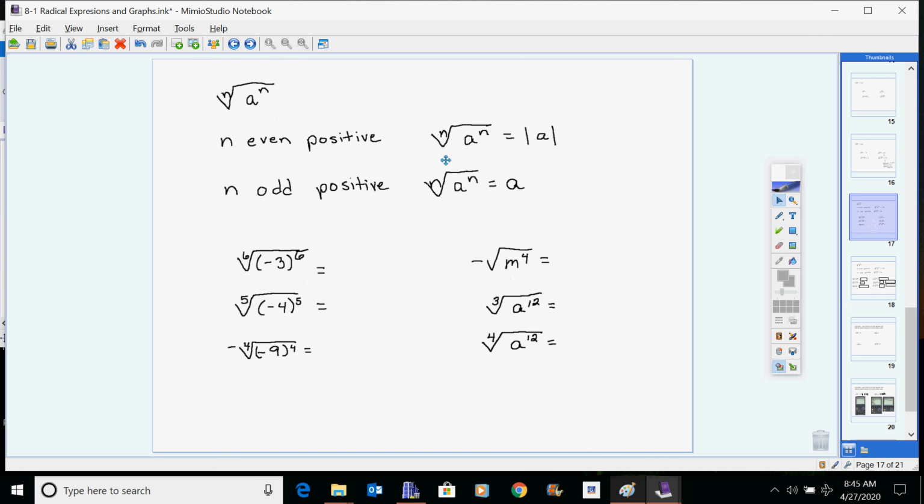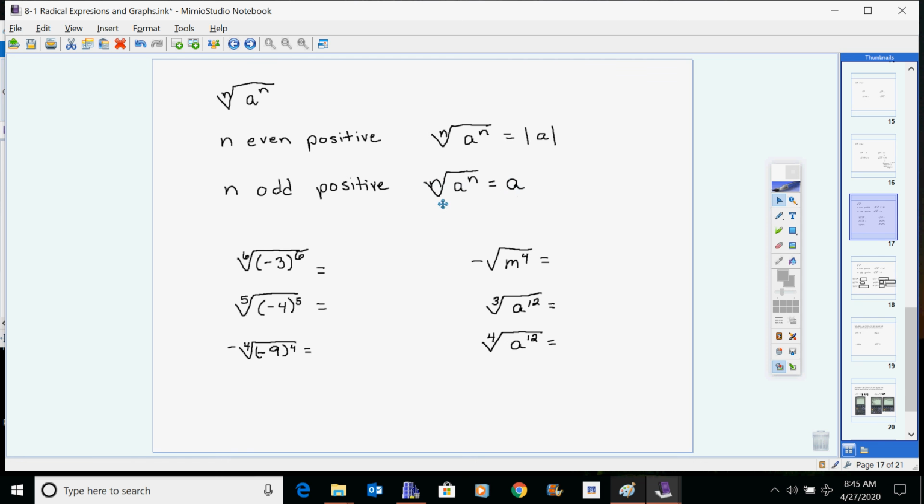Okay, here's our rule. As long as n is even and positive, the nth root of a to the n is going to equal the absolute value of a. If n is odd and positive, then they also undo each other, but you're not doing the absolute value.